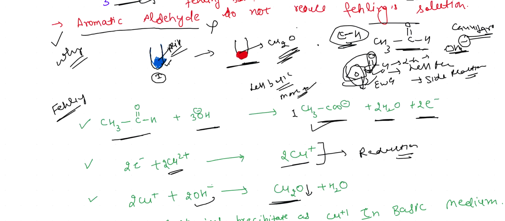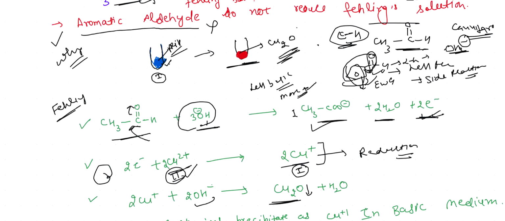So the electron released from here reduces copper 2 positive to copper 1. Here the oxidation state of copper is 1, and in this the copper 2 has the oxidation state of 2. Clear? So the second step is reduction. The first step is attack by OH negative ions upon this carbonyl group so that it can be oxidized to the carboxylate ion.